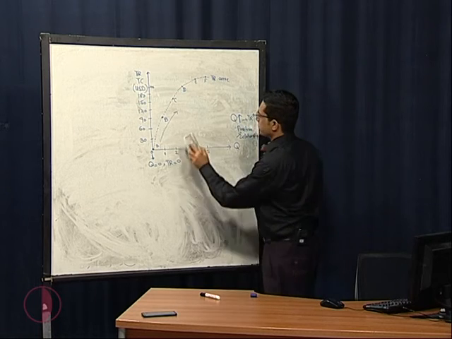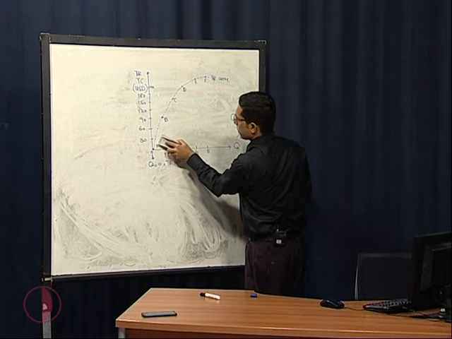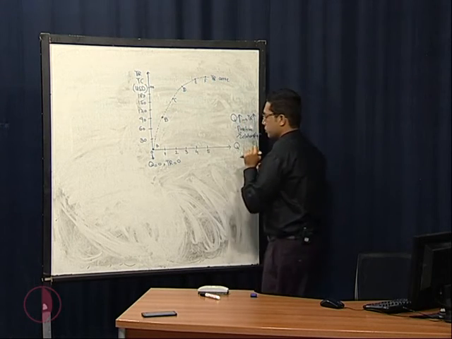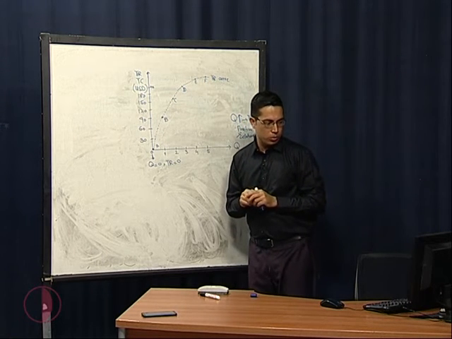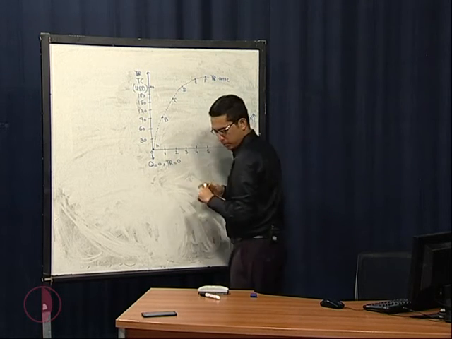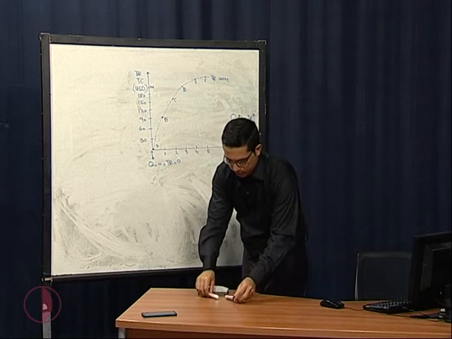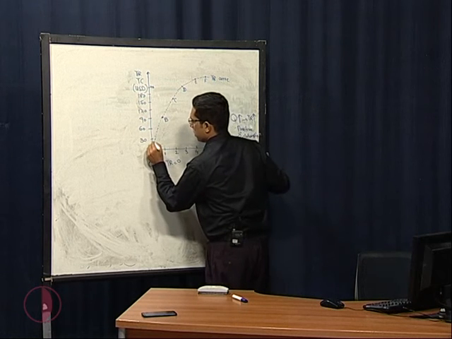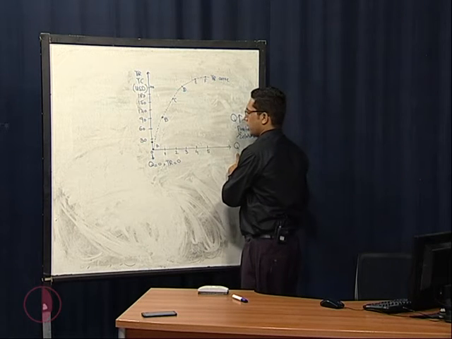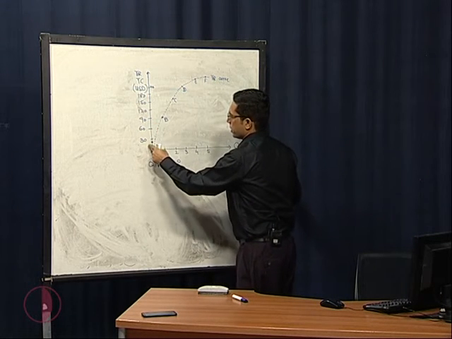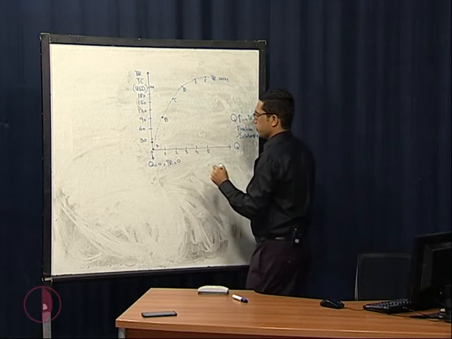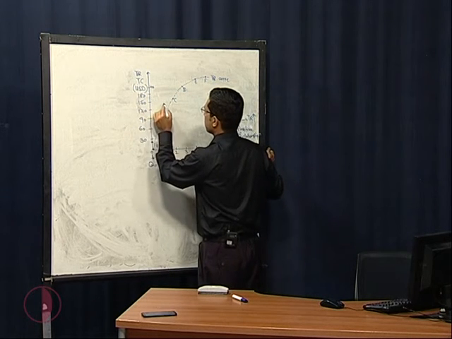Now let me draw the graph of total cost and total output. When output was 0, total cost was 20. It may be here. When Q was 1, total cost was 140.